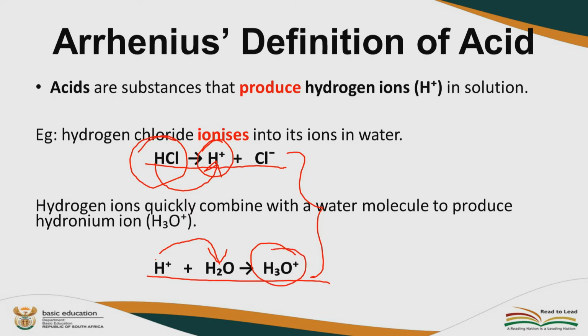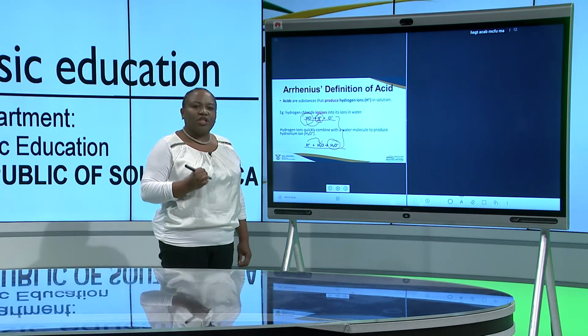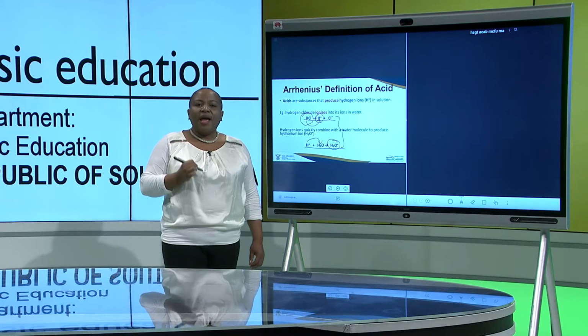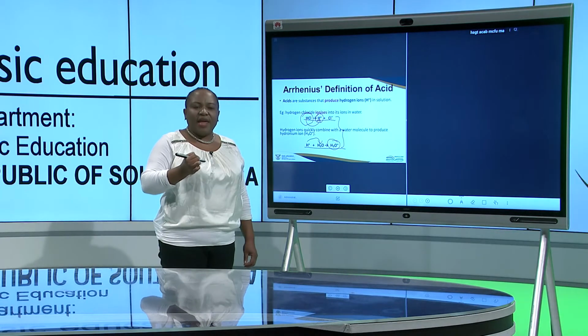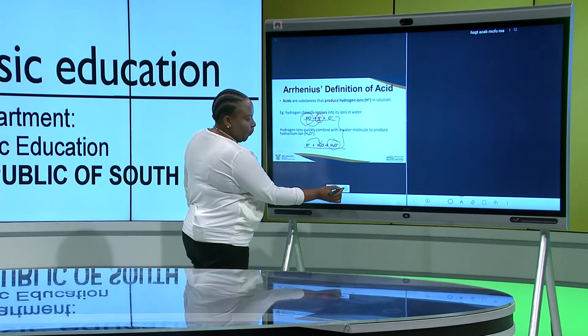So that is why Arrhenius concluded by saying acids are substances that can produce a hydrogen ion when dissolved in a solution. This is an example whereby hydrochloric acid was reacting with water and giving away a hydrogen ion, and that hydrogen ion was accepted by water.